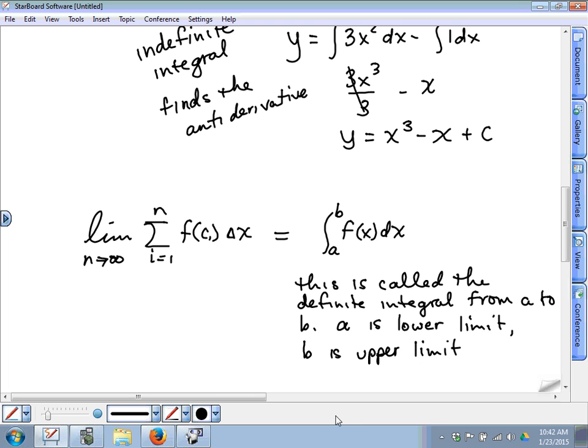Kind of like that number 61 we were just working on. We were trying to find the area between 1 and 3, so 1 would be the lower limit and 3 would be the upper limit.